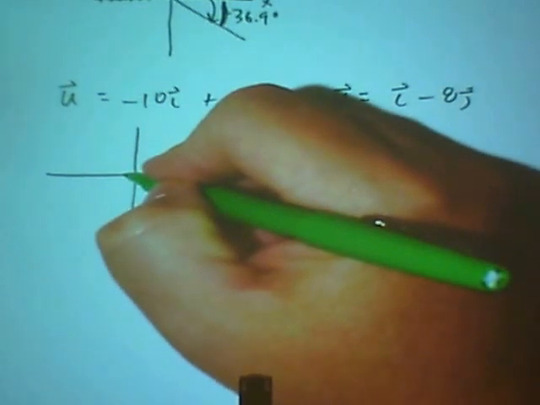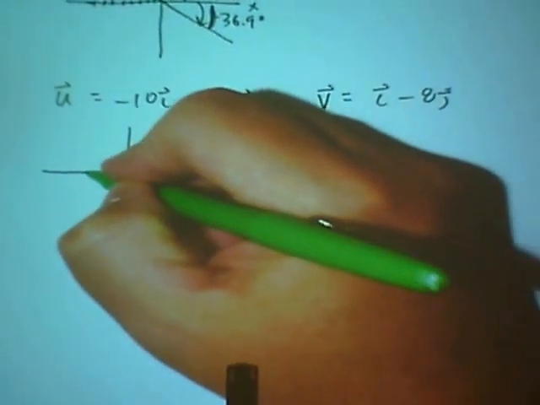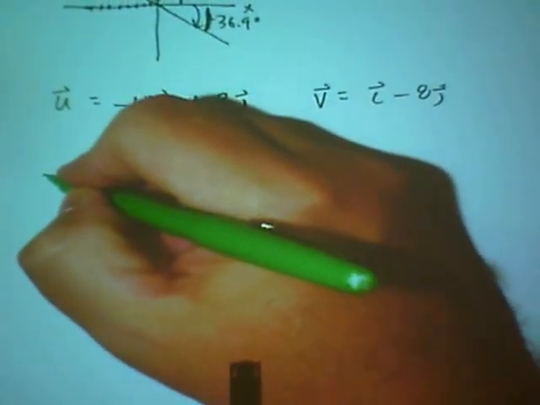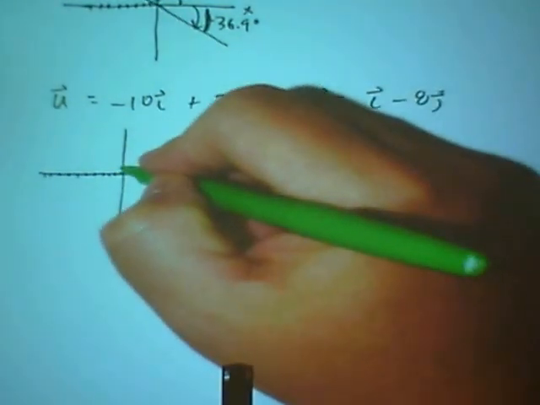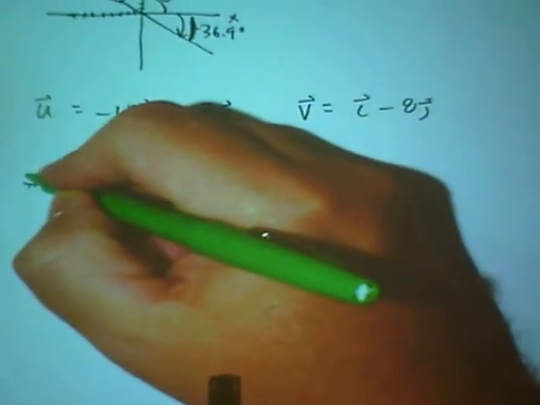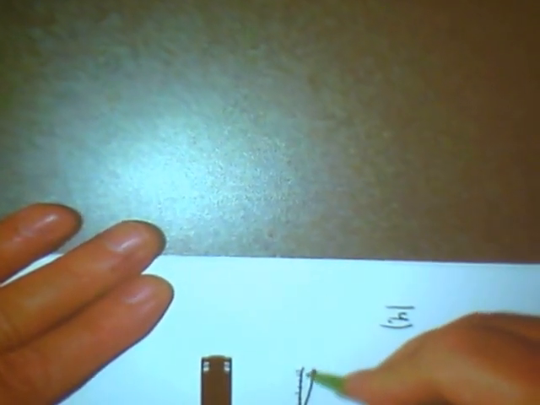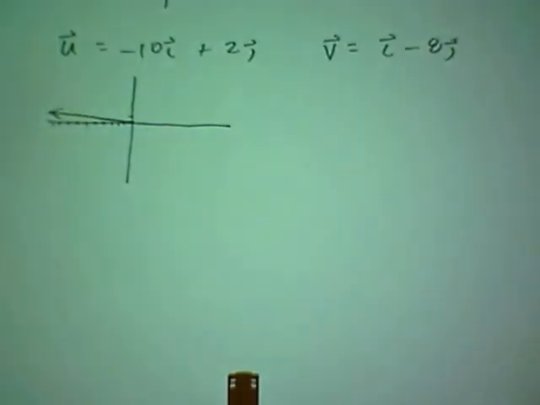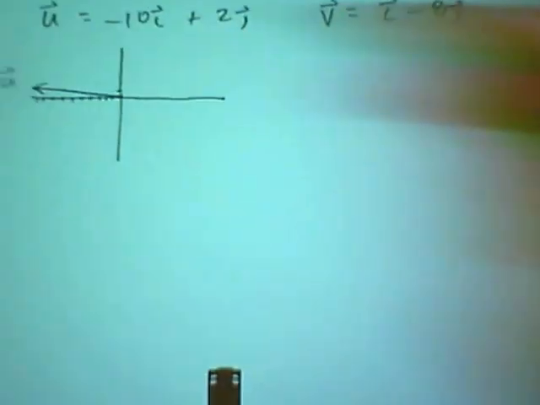So 1, 2, 3, 4, 5, 6, 7, 8, 9, 10. 1, 2. So it's a pretty flat vector. So that's like vector u.